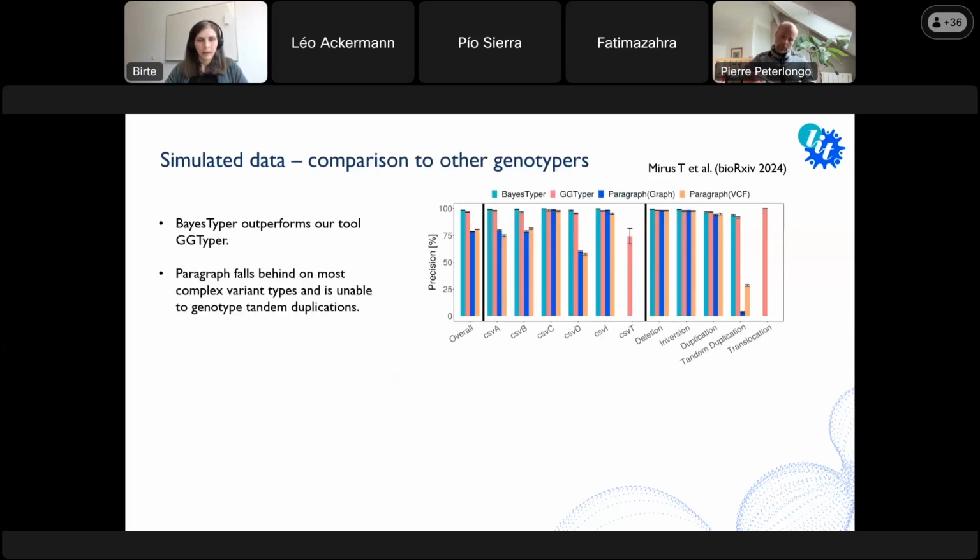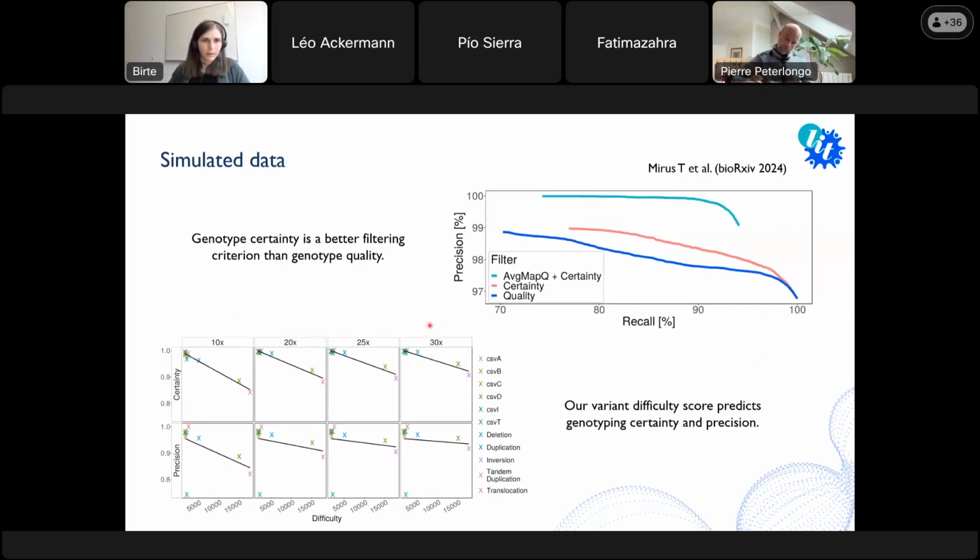And then this plot down here is showing the agreement of the calculated difficulty score for a variant with the precision and certainty. And except for the precision for one type of variant, there's a nice correlation between the difficulty and the genotype certainty and the precision.